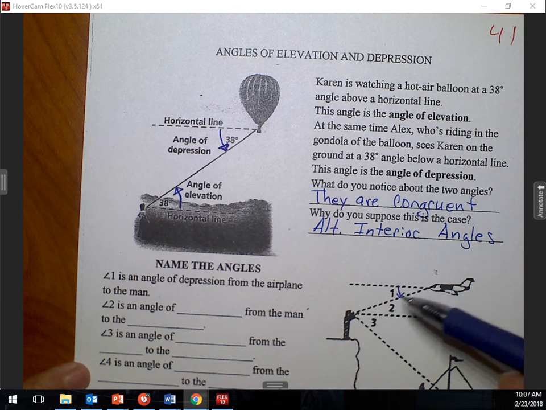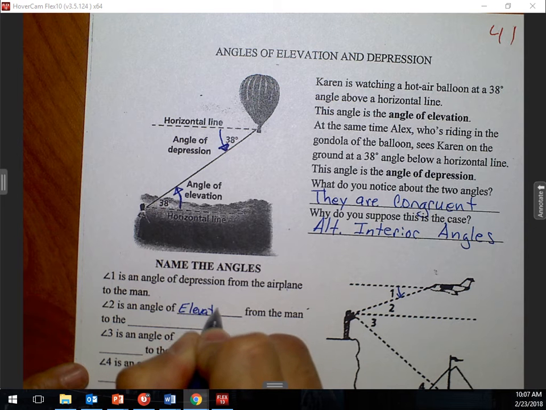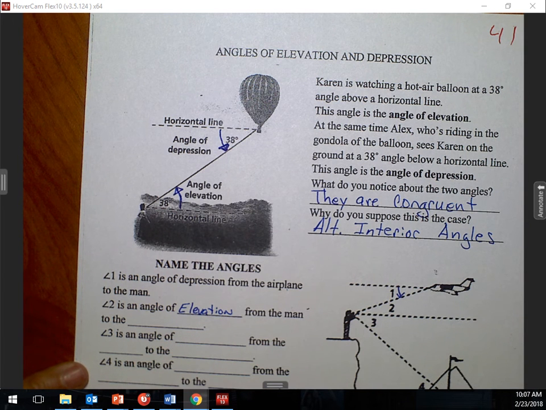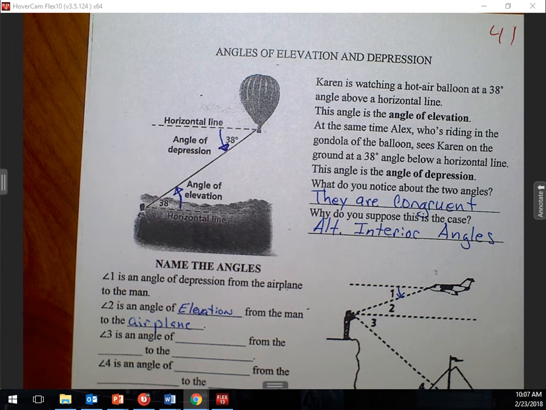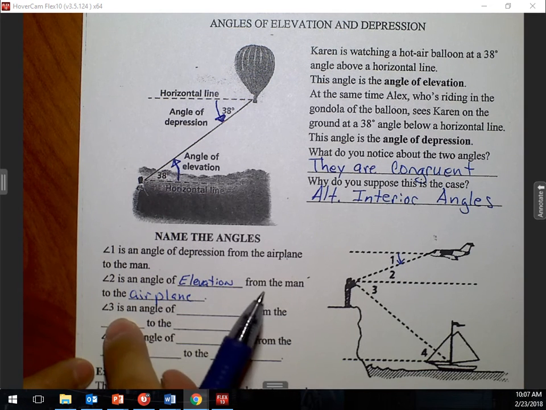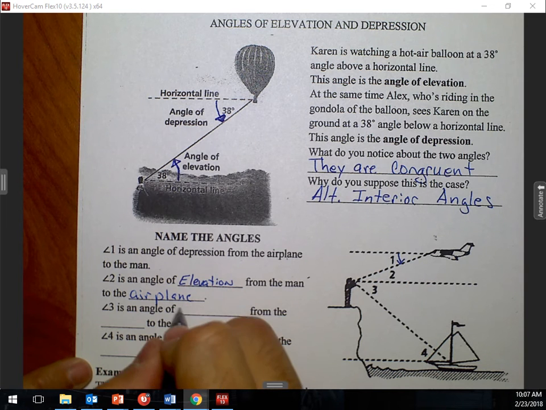So therefore that is an angle of elevation, from the man to the airplane, right? Yes? Okay. Angle 3 is an angle of depression. Very good.